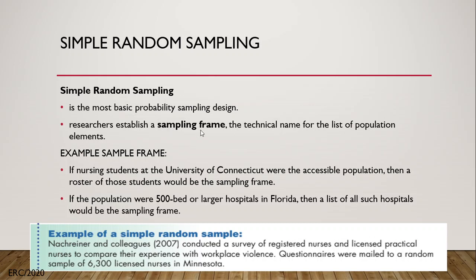An example of a sampling frame: if nursing students at the University of Connecticut were the accessible population, often a roster of those students would be the sampling frame. So kung sino yung mga estudyante or nursing students who are at the University of Connecticut. If the population were 500-bed or larger hospitals in Florida, then a list of all such hospitals would be the sampling frame.